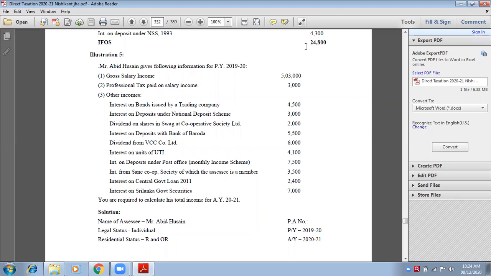From GTI you have to subtract two deductions. After calculation of GTI you need to deduct two expenses, that is section 80C and 80D, because as per my example medical insurance premium is 80D and LIC is 80C.